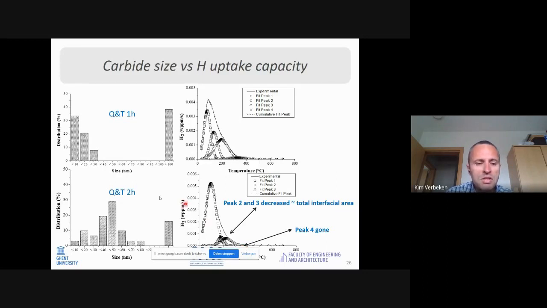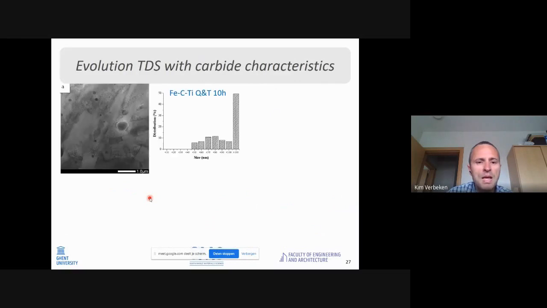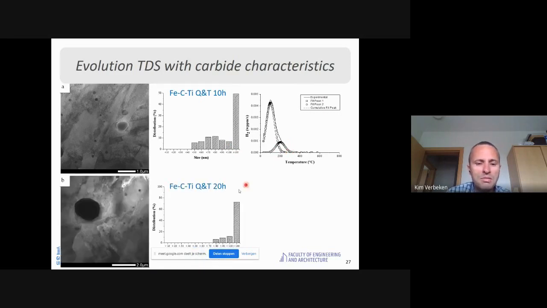So we did additional tempering treatments on these specimens. So we went up to 10 hours, and for 10 hours, all the small carbides were gone. We only have some larger carbides. When we look at the TDS spectrum, we see here an even smaller peak. And we went even up to 20 hours of tempering. So then all the carbides are larger than 70 nanometers.